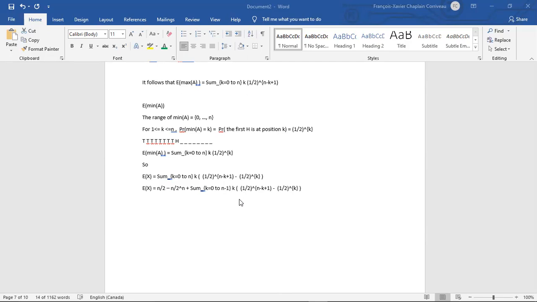Okay, so what else could I do? Well, I'm desperate. I don't know what to do, right? So why not expand the summation? So let's see what happens if I put in k is equal to -1. When k is equal to -1, what do I get?